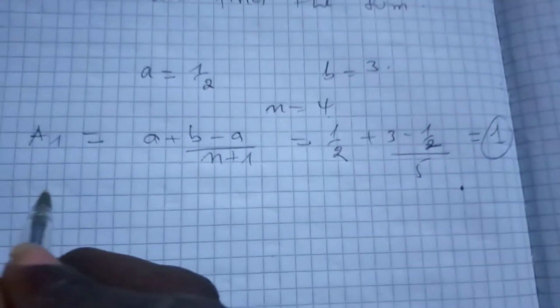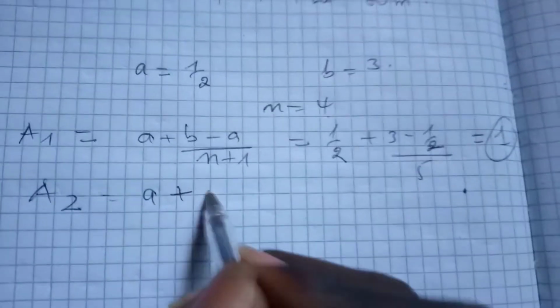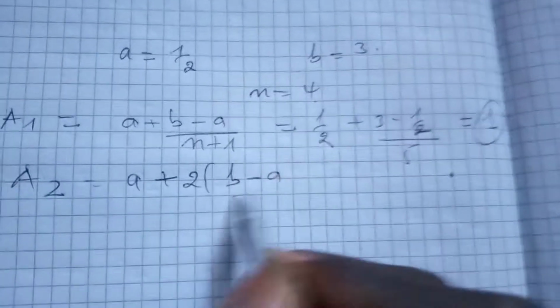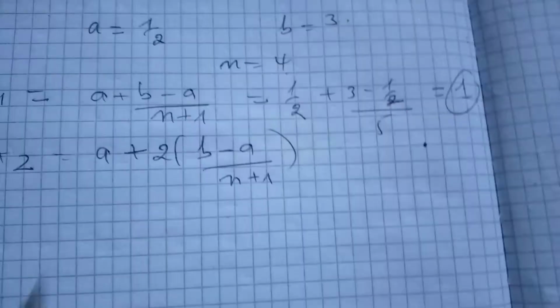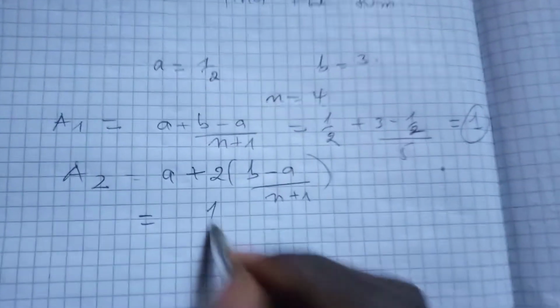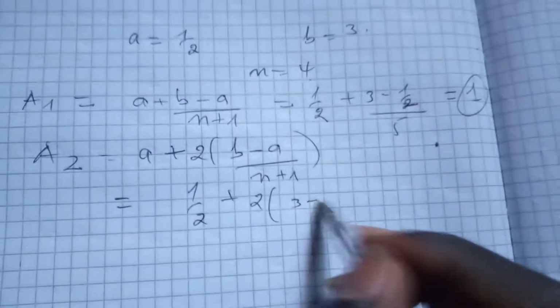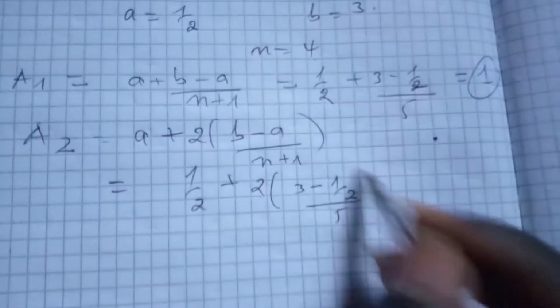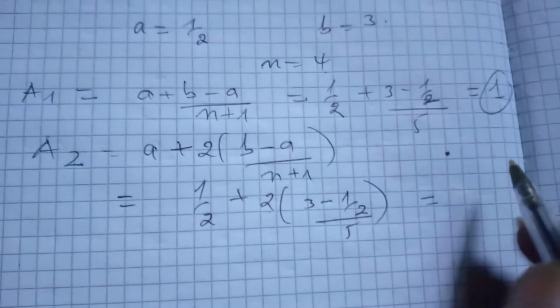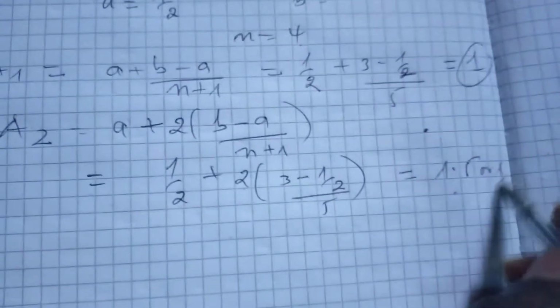For A2, it will be equal to A plus 2 times (B minus A) over (N plus 1). This will be equal to 1/2 plus 2 times (3 minus 1/2) over 5. This will be equal to 1.5, or 1 1/2.